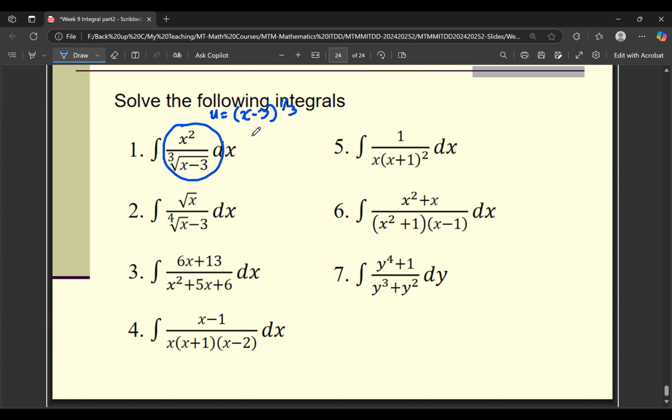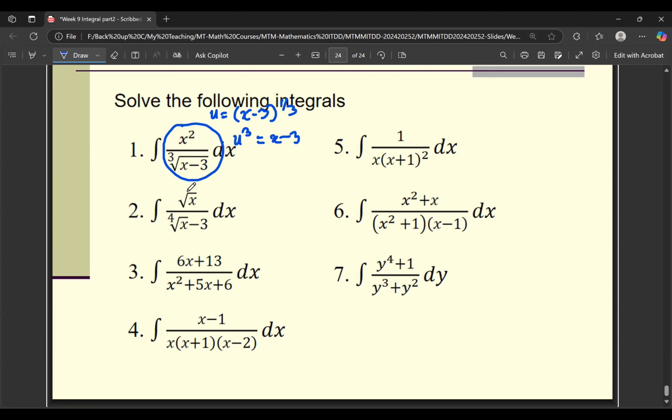Take the cube of both sides, we have u cubed is equal to x minus 3. And do the rest as I did in the previous example.